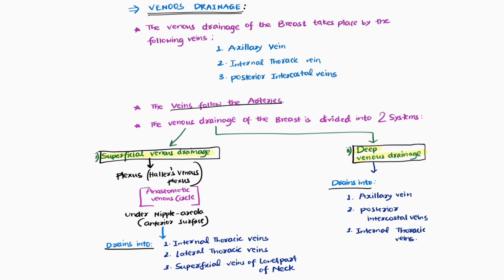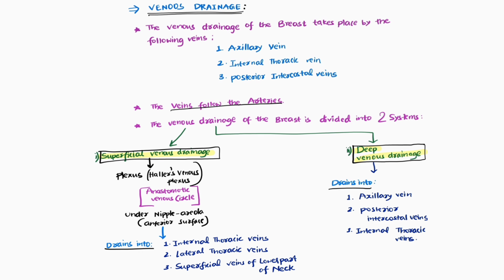These are anastomotic venous circular plexus under the nipple areola, on the anterior surface. It drains into internal thoracic veins, lateral thoracic veins and superficial veins of the lower part of the neck. The deep venous drainage drains into the axillary vein, posterior intercostal veins and internal thoracic veins.